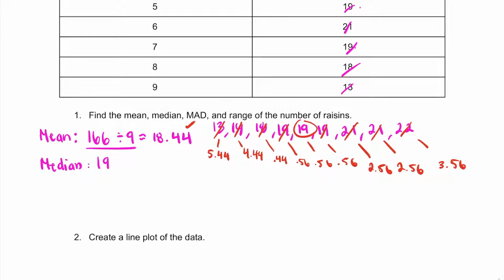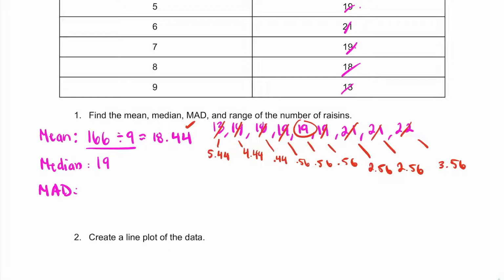The final step of our MAD is to add all of these differences together and then divide by 9, or we can find the mean of these differences. Again, you don't need to write 5.44 plus 4.44 and so on. You're just going to write the sum of your numbers divided by 9.